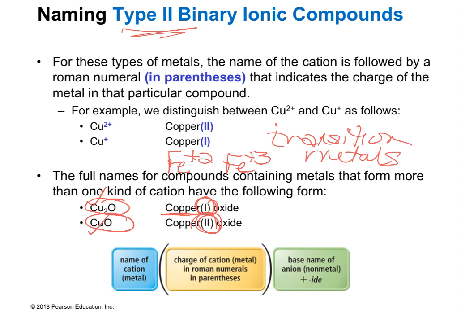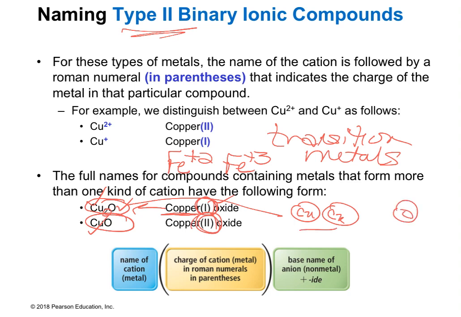So copper 1 oxide is the name of this. How did I know that? How do I know that copper has a charge of +1? All right, so this is what I do. You have 2 coppers, right? So I'm going to go ahead and draw out 2 coppers and 1 oxygen.